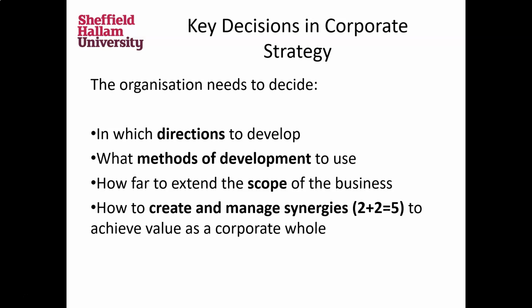But as well as staying in the business that they're currently in, if the organisation decides that there are great opportunities and that it has the right strengths, or there are great opportunities and it can overcome weaknesses, it may decide to move into new areas of business. Right? So as well as staying put, an organisation can move into new areas of business.